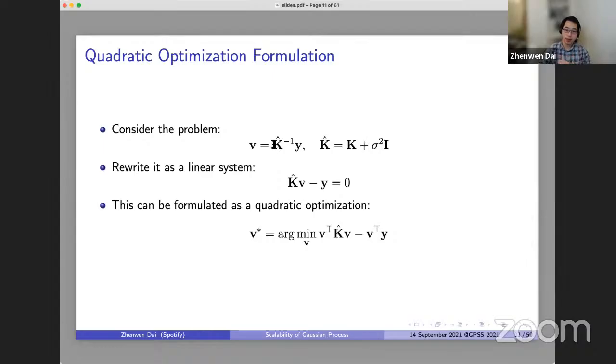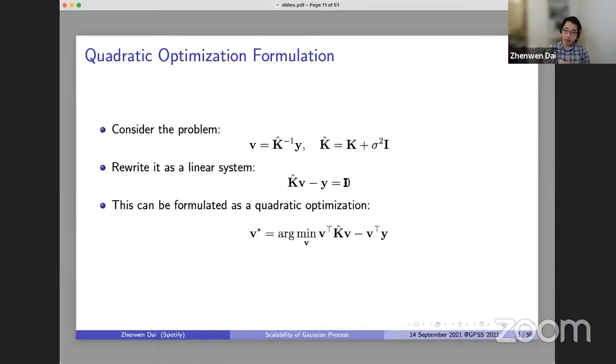From a numerical routine point of view, our goal is to find a vector v which equals K hat inverse y. We can rewrite this numerical routine as a linear system by multiplying K hat on both sides, which results in K hat v equals y, and if we move the y over, it becomes a standard linear system formulation: K hat v minus y equals 0.